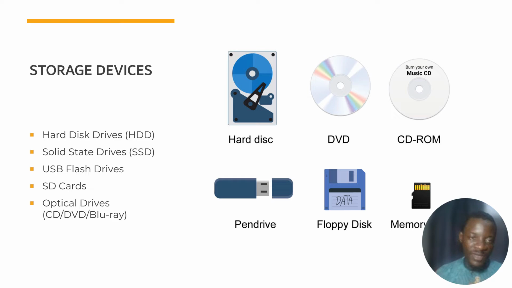We have USB flash drives and SD cards, which are portable storage devices. Then we also have optical drives that read and sometimes write to CD, DVD, or Blu-ray discs, though they are less common in modern systems.